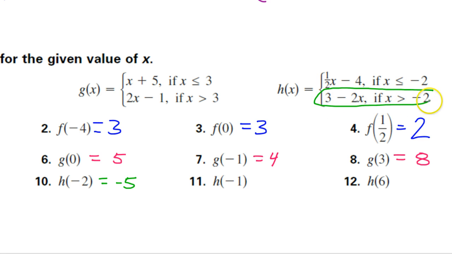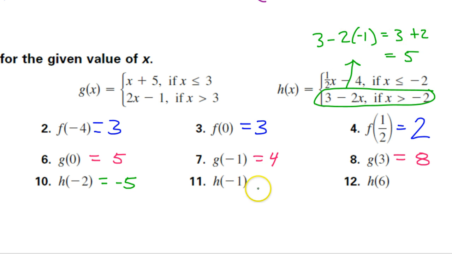So that's why we're going to be using the bottom function. Okay, so -1 makes this become 3 minus 2 times -1. That's going to be 3 plus 2, which equals 5, because -2 times -1 is +2. So the answer is 5.